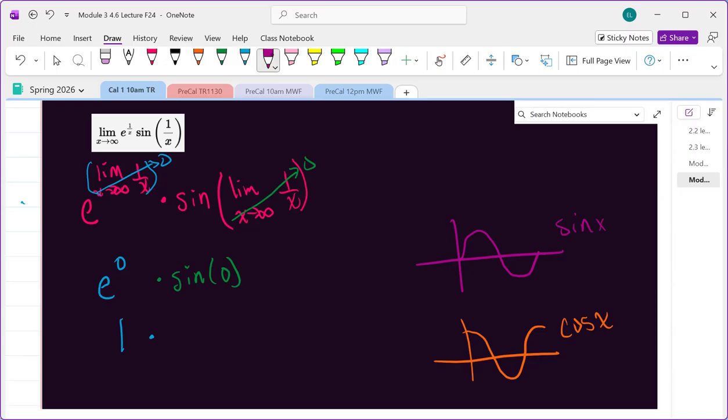You can use the graphs to remember, especially what I call the cardinal points or the quadrantal angles. So sine of x, when x equals 0, where's the graph? At 0. Cosine of x, when x is 0, where's the graph? At 1. So cosine of 0 is 1, sine of 0 is 0. So we end up with 1 times 0, we get 0.